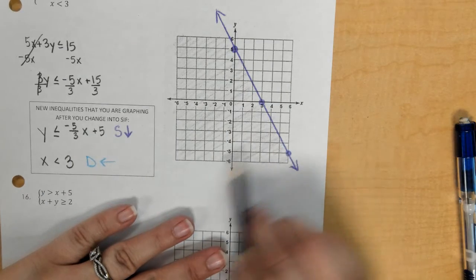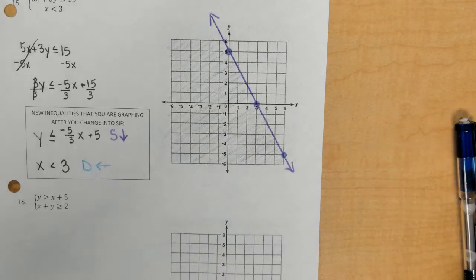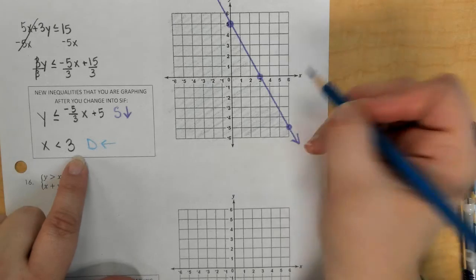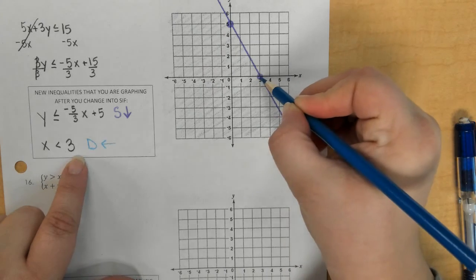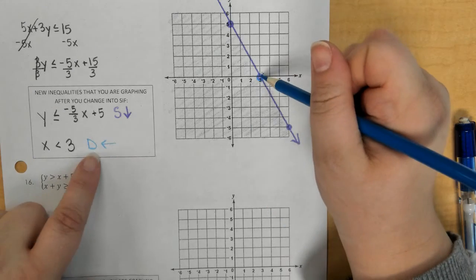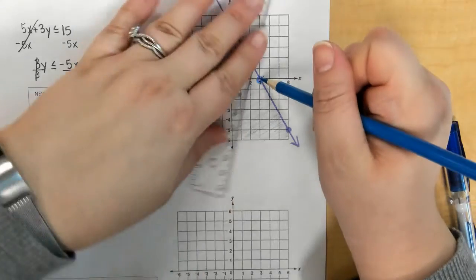Then for the second one, it says x is less than 3, so I go to the x at 3 and put a point, and then I'm doing a dashed line up and down.